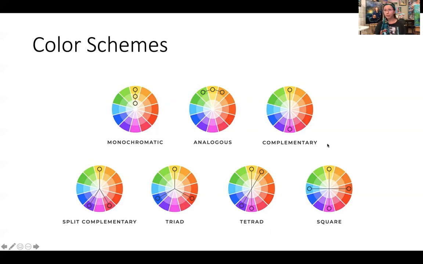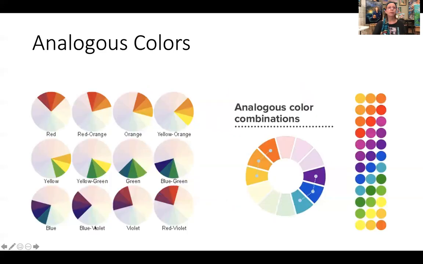You have complementary colors, which are exactly opposite in the wheel. And those are hard to use together in a composition. But if you master them, they create some really cool effect. Split complementary, triad, tetrad, and square. Anyway, those are combinations that you can explore, but you don't have to really get into that right now.